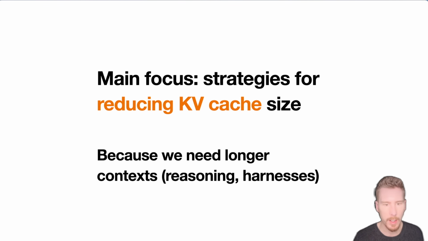So why are we currently interested in reducing the KV cache? The KV cache uses memory when we are running an LLM in inference, and we are nowadays needing longer and longer context. We need more input to the LLM because now we have reasoning models that output intermediate results, and we have agentic harnesses which provide the LLM with additional information, for example, about the project we are working on.